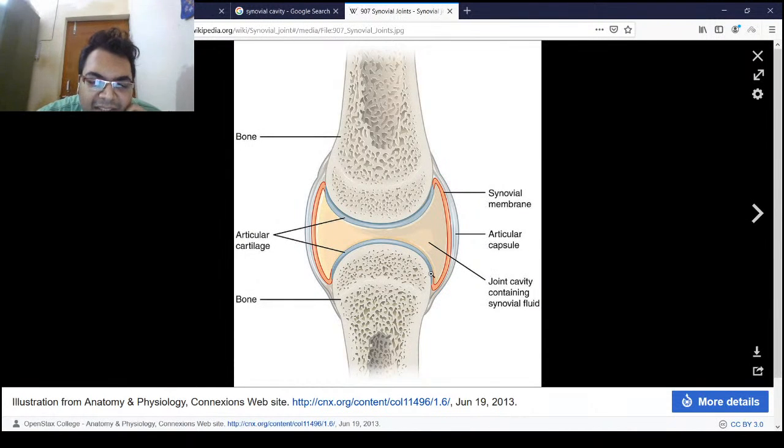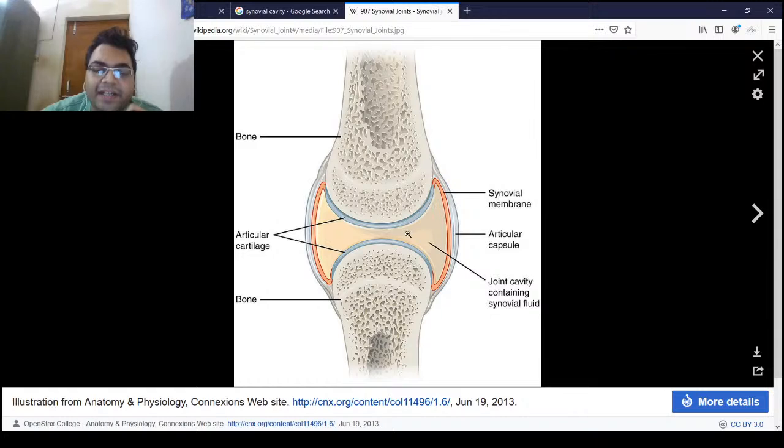Look at this image. This is the articular cartilage, meaning the joining cartilage. This is the synovial membrane. This is the entire articular capsule, and this is the synovial fluid, or the synovial cavity.